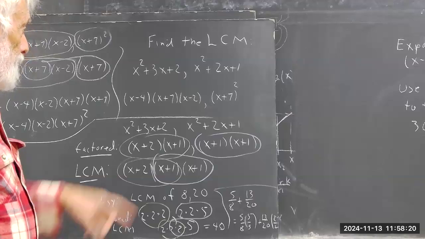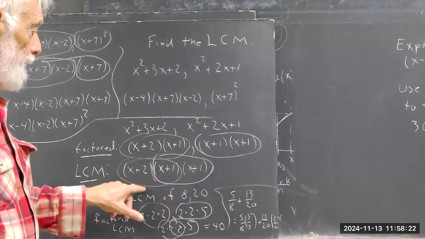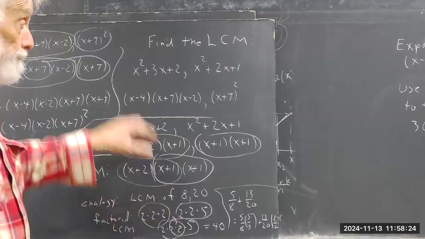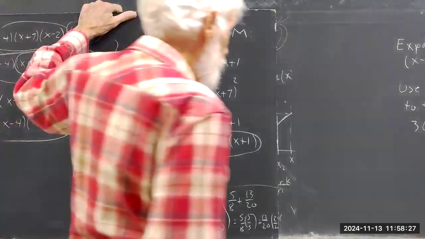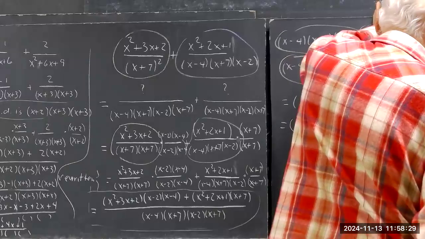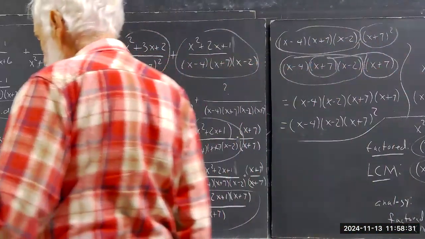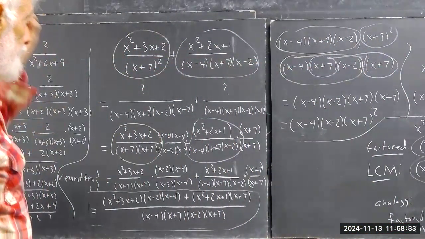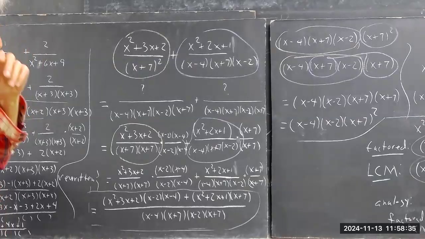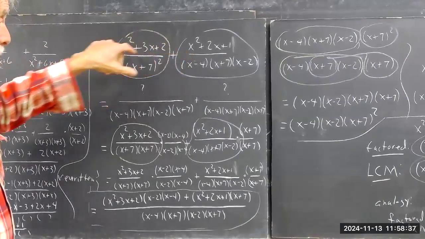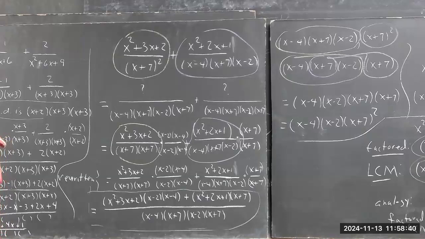Once these are factored, it's easy to find the least common multiple. So factoring is the first task we've got to perform when we have something like this.